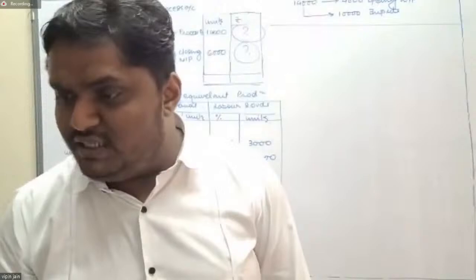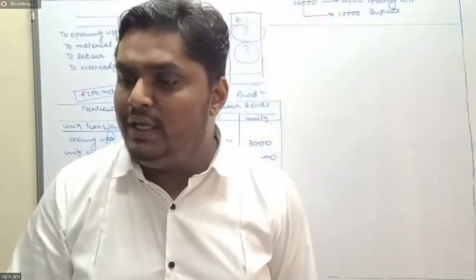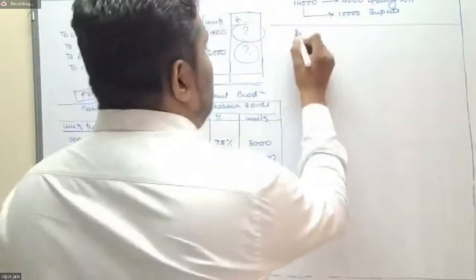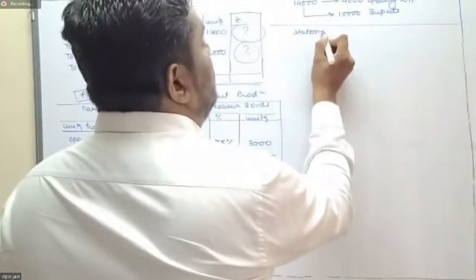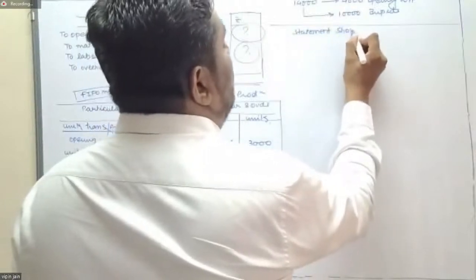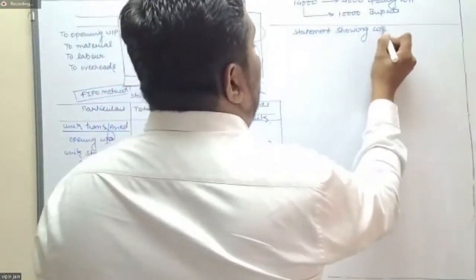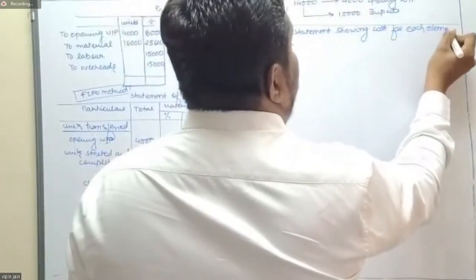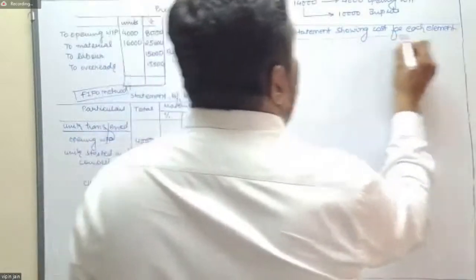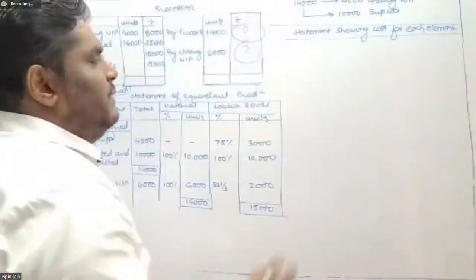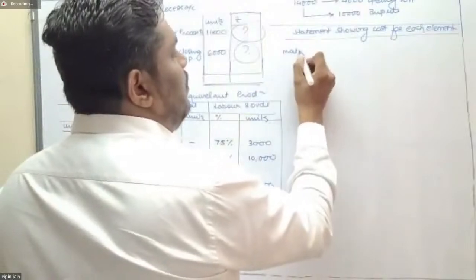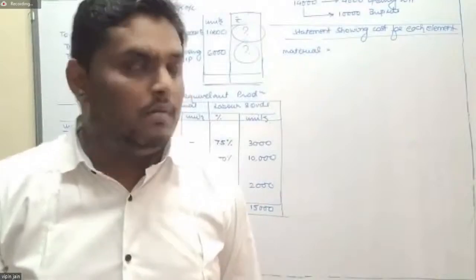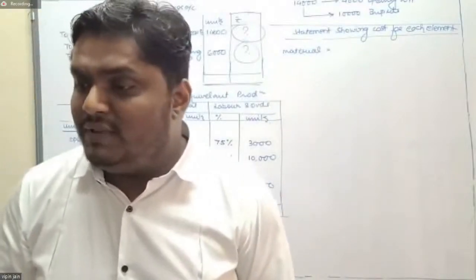Further, the question is asking us to prepare a statement showing cost for each element. Now let's start with the material part.